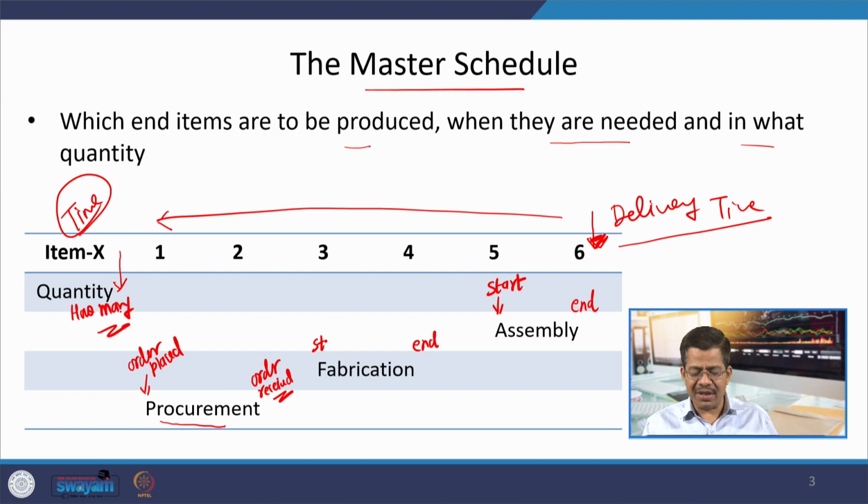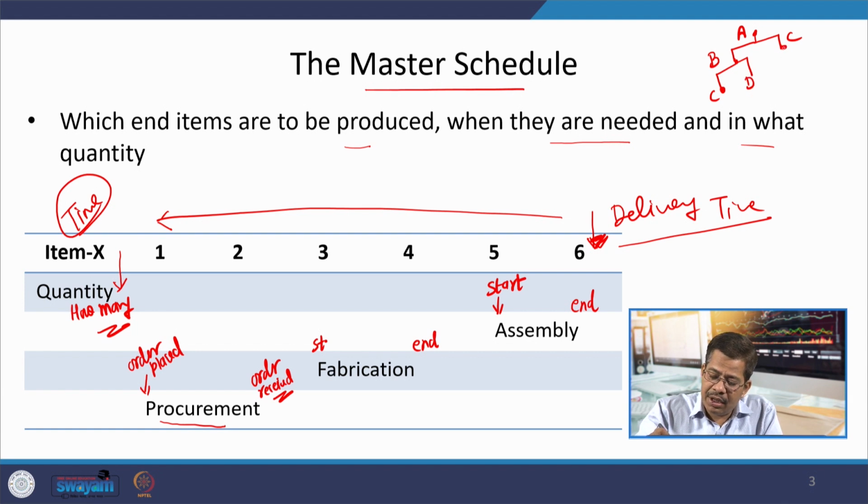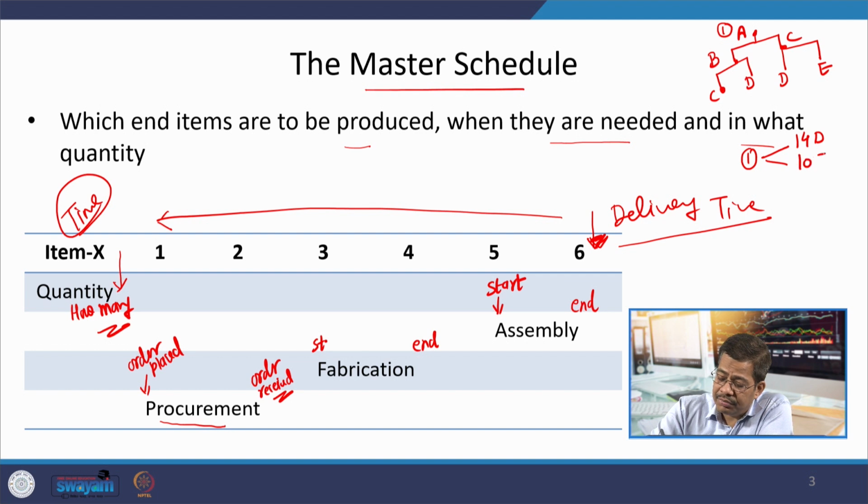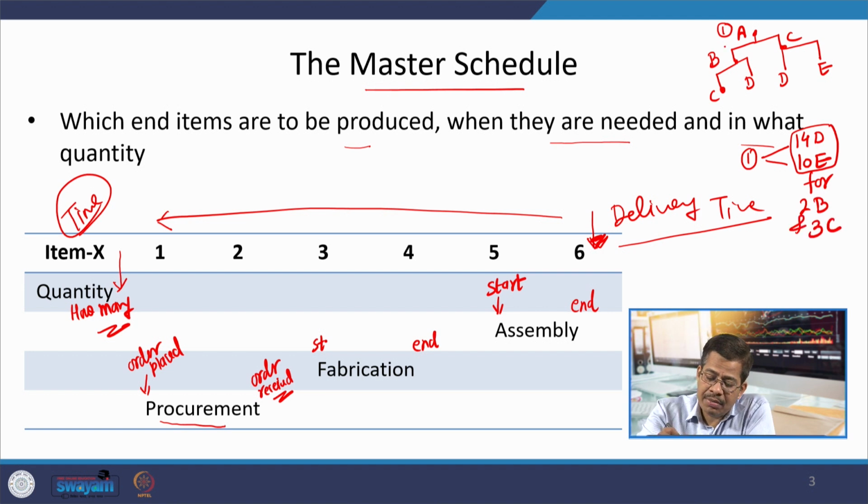As you remember in our previous class, we discussed that we need one A, and for one A certain numbers of B's and C's are needed, and this B requires C and D, and this C requires D and E. So, in fact, the calculation, if you remember, for one A you require 14D and 10E, and these 14D and 10Es are for 2B and 3Cs, because 2Bs and 3Cs are needed for making 1A.